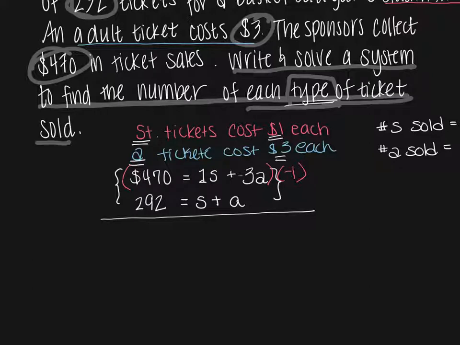So this is going to become negative, and this becomes negative, and this becomes negative. At that point, I get a -2a down here. I still get 0s, and I get -178. I can then divide by -2 on both sides, and my a still equals 89.